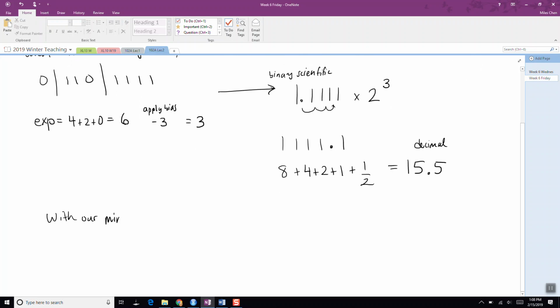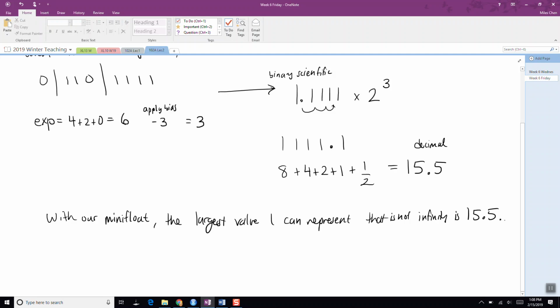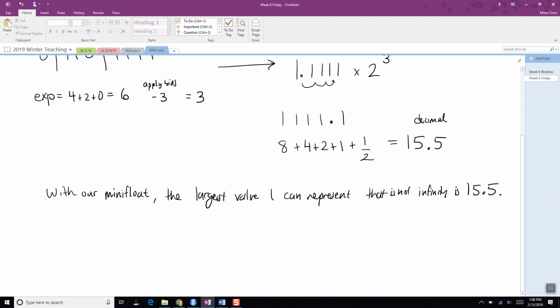With our mini float, the largest value I can represent that is not infinity is 15.5. Anything bigger than 15.5 will be called infinity.